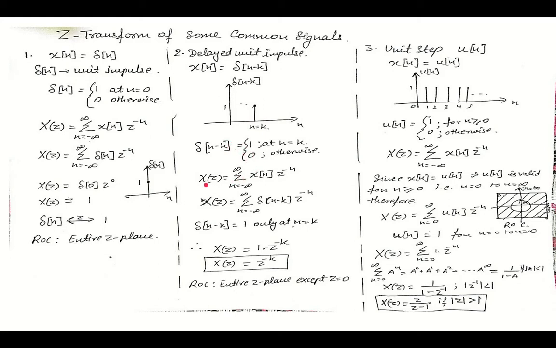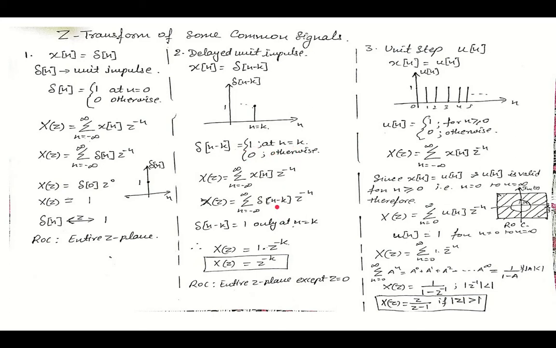Now if I put this in the equation, X(z) equal to sigma n equal to minus infinity to plus infinity x[n] into z to the power minus n, and in place of x[n] put δ[n minus k], then as we have seen above, this is valid only at n equal to k.